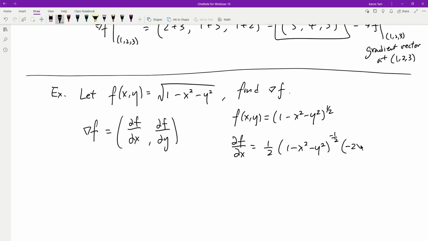Therefore it just leaves me with negative 2x. And remember what I said, I do expect answers to be simplified, so the 1/2 and the 2 will cancel out, and leave you with negative x over the square root of 1 minus x squared minus y squared. If you take a minute to do df over dy, you find out you get the same exact result.